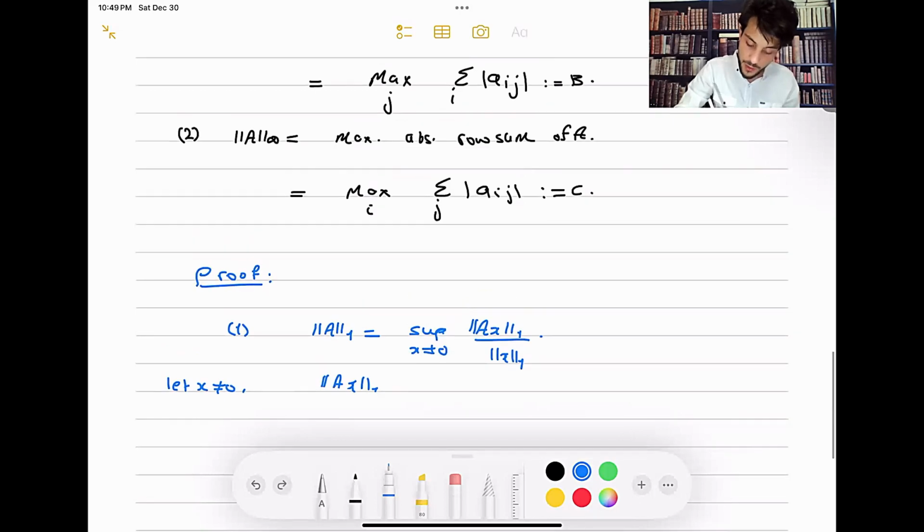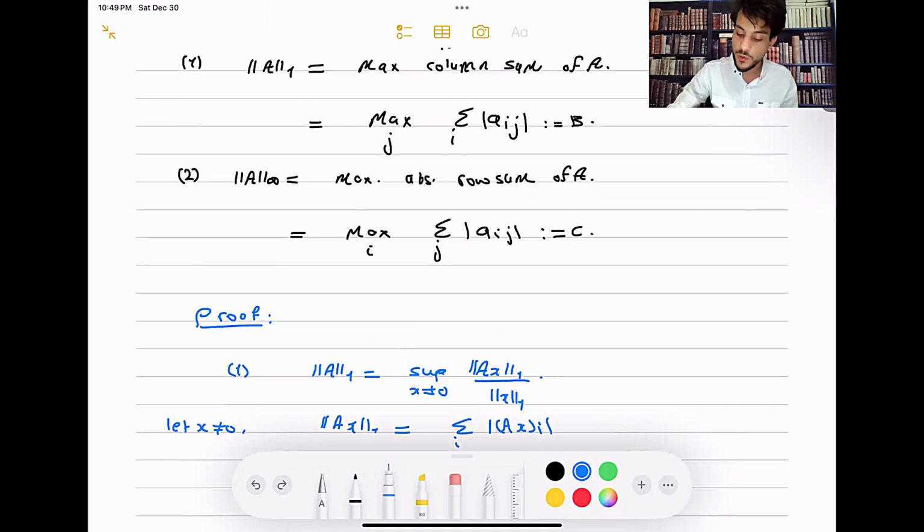So let's see. This, by definition, is the sum in absolute value of the entries of the vector Ax. Because Ax is a vector, we just sum its entries. This is the definition of the one norm. However, I want you to recall how we used to multiply a matrix with a vector.